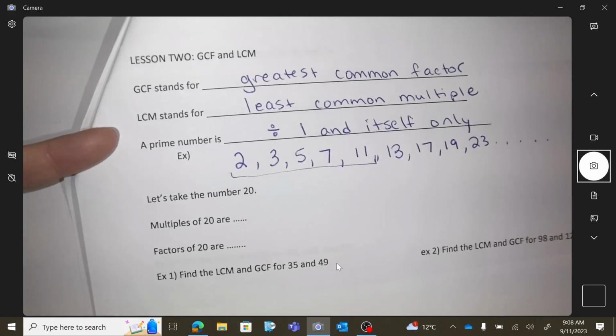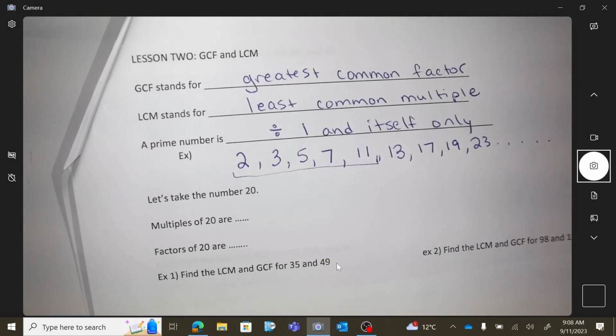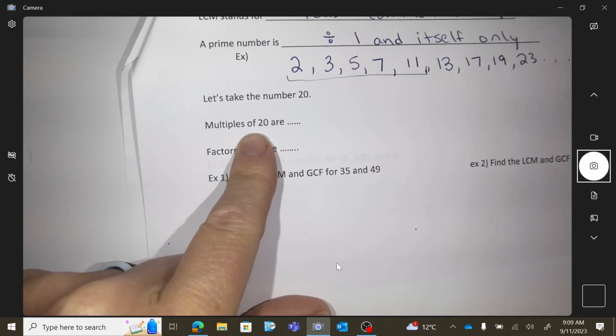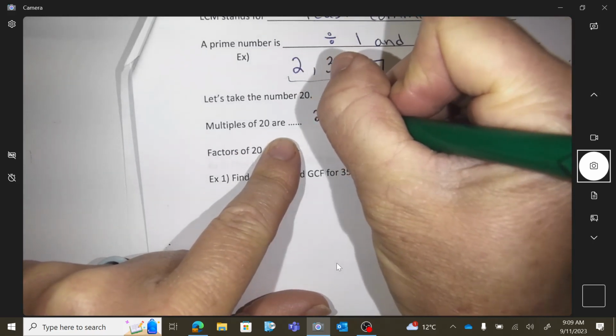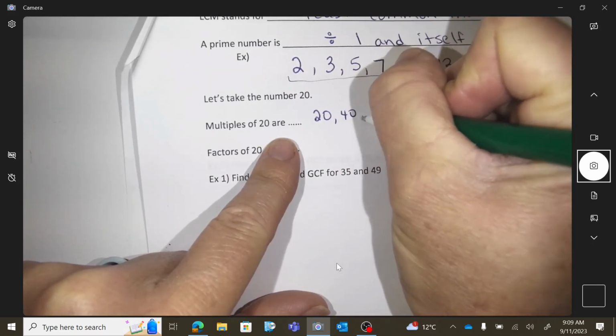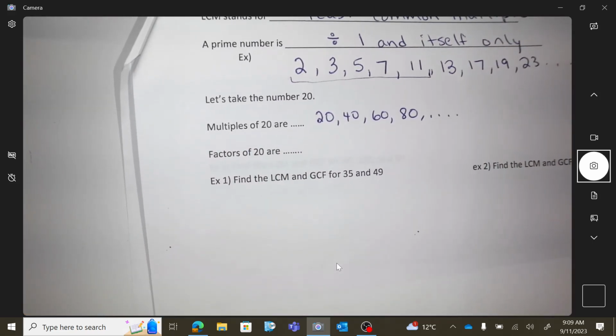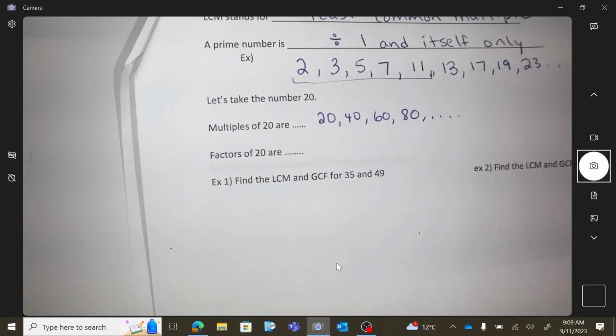Okay, so when we talked about factors and multiples, what are factors, what are multiples? So when I say what are multiples of 20, I'd be talking about 20, 40, 60, 80. Those are multiples, because 20 times 1, 20 times 2, 20 times 3. And when I talk about factors, that is what multiplies to get that.